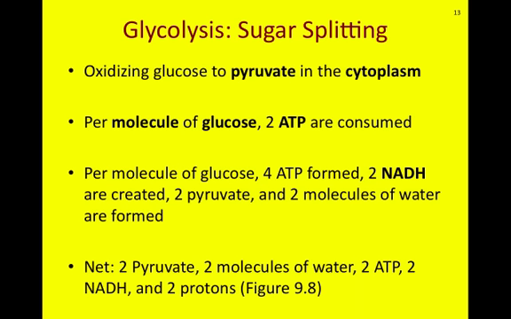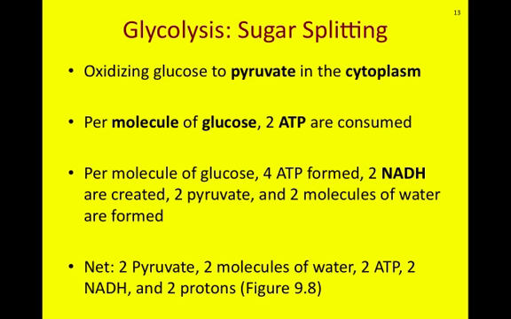Per one molecule of glucose, 2 molecules of ATP are consumed during glycolysis. And per one molecule of glucose, 4 ATP are formed, 2 molecules of the reduced form of the electron carrier NADH are created. So 2 pyruvates are formed, as well as 2 molecules of water.